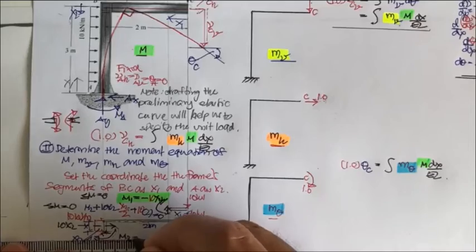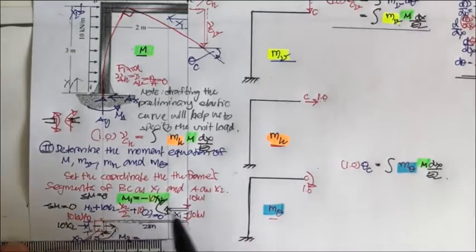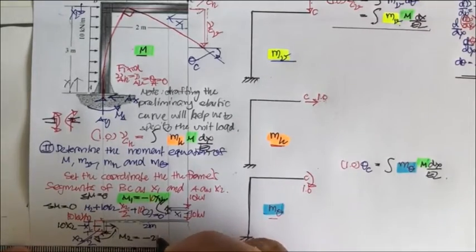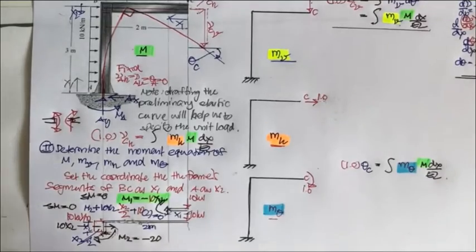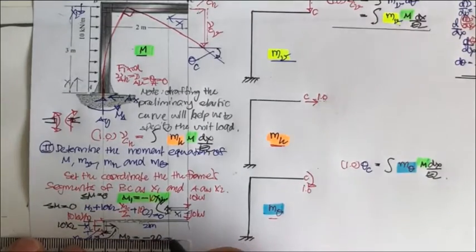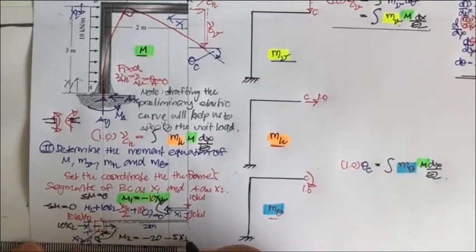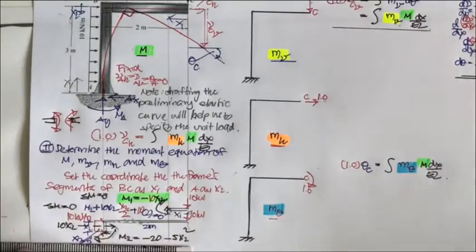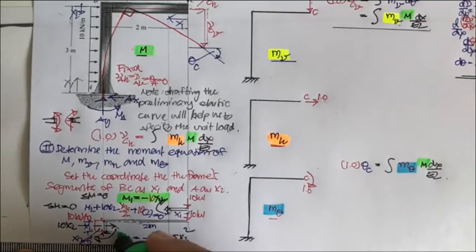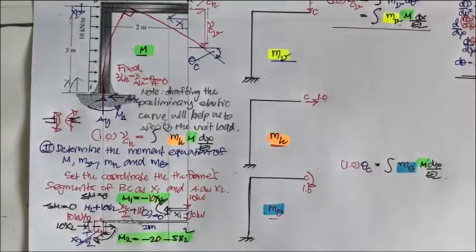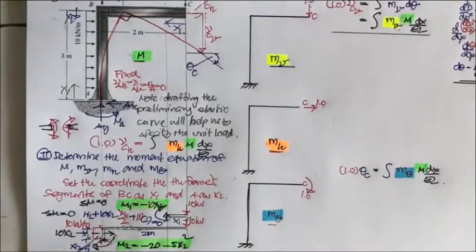This is going to be equal to minus 20, and also this one is minus 5 x2 squared. This is going to be the next equation for capital M, the moment due to the applied forces.